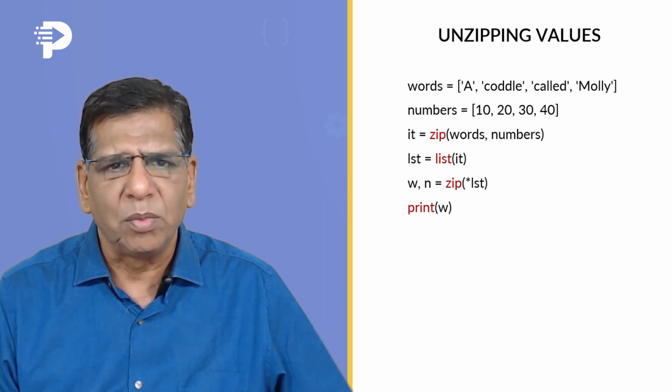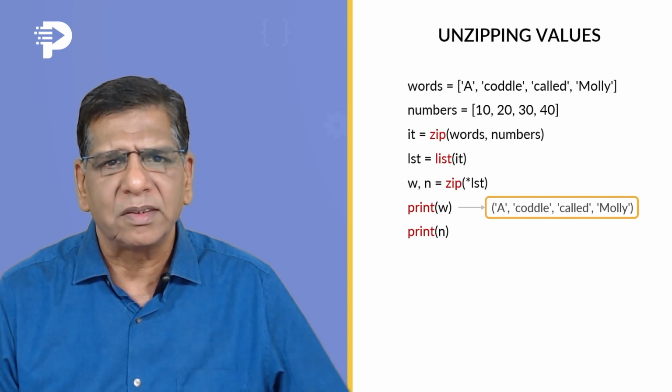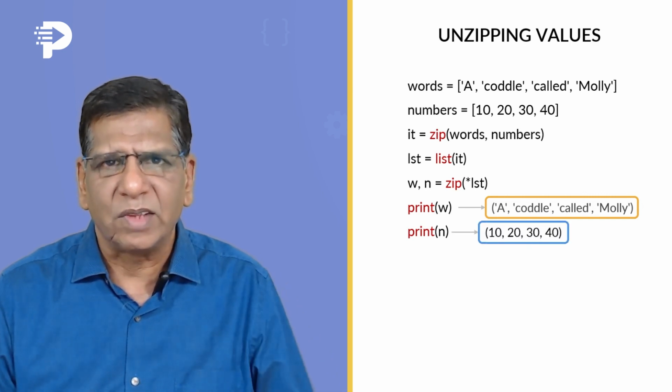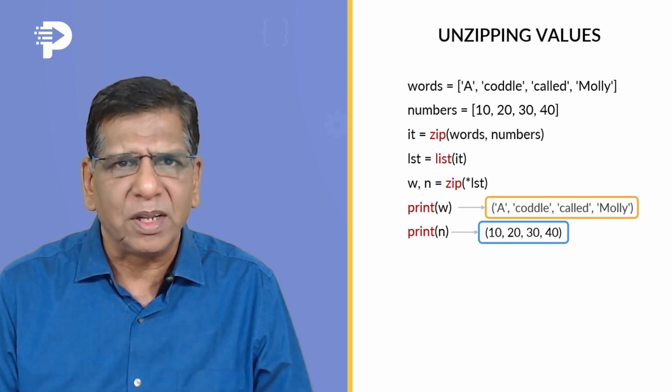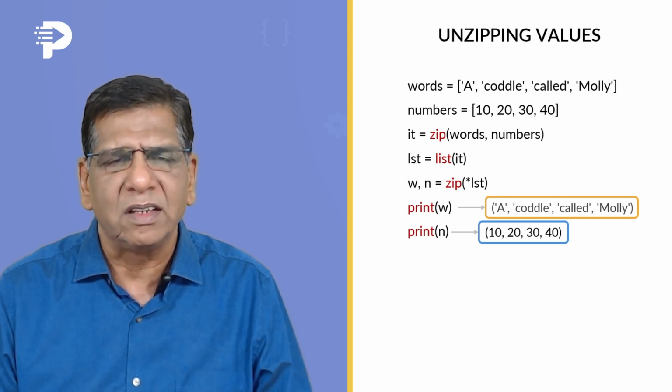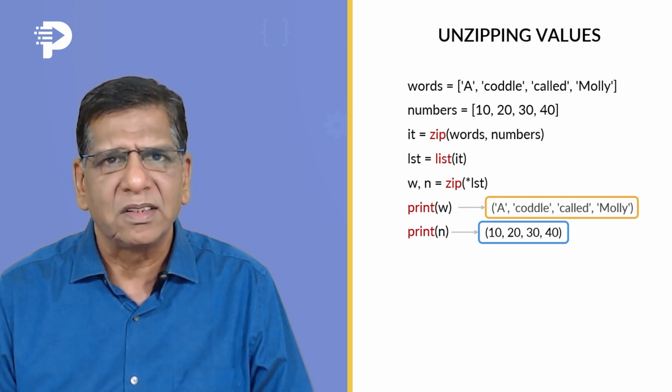If I print out w, I would get all the words. Similarly, print n will get me all the numbers. So that is also possible: you first do a zip, obtain an iterator of tuples, convert it into a list, and then unzip by saying zip star lst, and we'll be able to separate out the words and separate out the numbers.